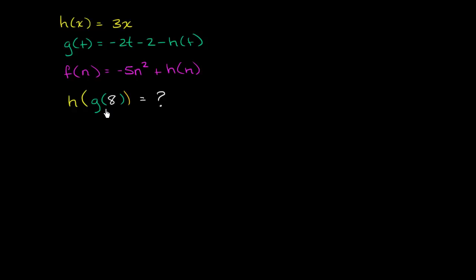And this can be very daunting, but we just have to remember that a function is something that takes an input and gives you an output for it. This somewhat convoluted looking statement is another way of saying, look, we're going to take the number 8 and input it into the function g, and that is going to produce g of 8.